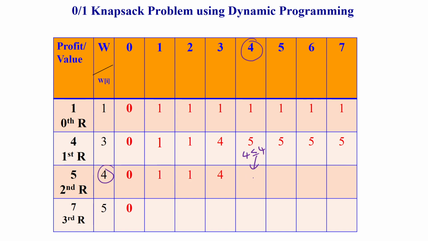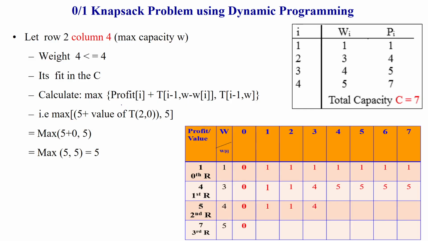If it is true, now we have to apply the formula: profit of the ith row, plus t of i minus 1, w minus the ith product's weight 4, where w is the maximum weight of this column. So the profit of the current row is 5, and the current row value is 2.